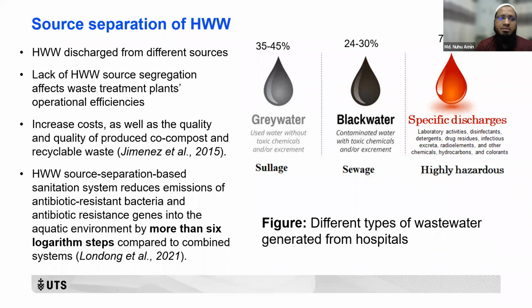At the same time, segregation of the water and source separation is also important. We know that lack of source segregation increases the volume of the wastewater and makes the treatment very complex as well as expensive. In the picture, you can see that most of the wastewater generated is black and gray water.